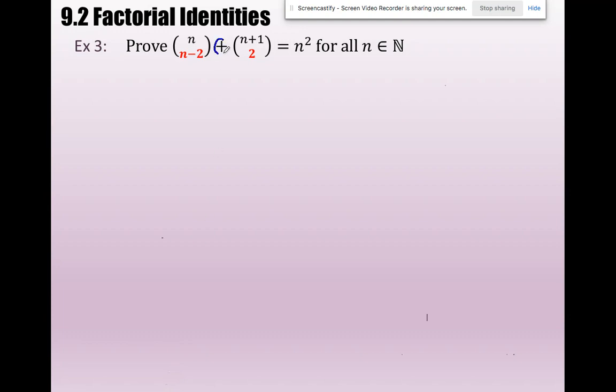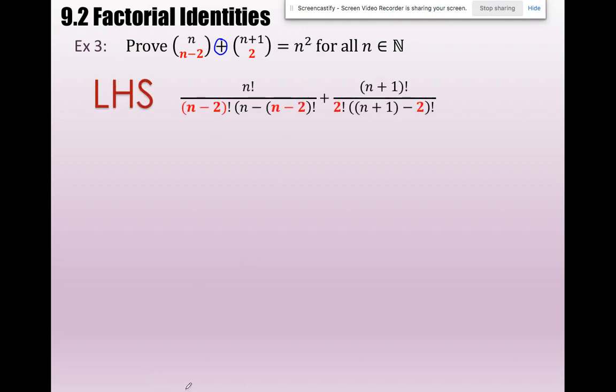This time I have a sum, and I want it to be equal to n squared. I started on the left-hand side, so I'm not going to touch n squared. So step 1 was just do my combinations formulas. N factorial over n minus 2 factorial times 2 factorial, and the same thing here.